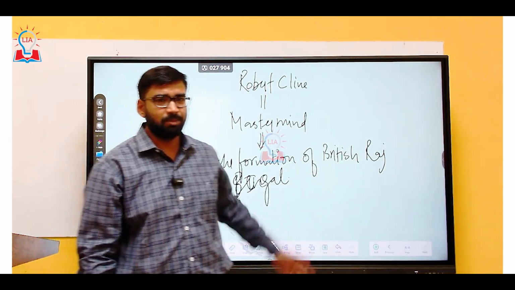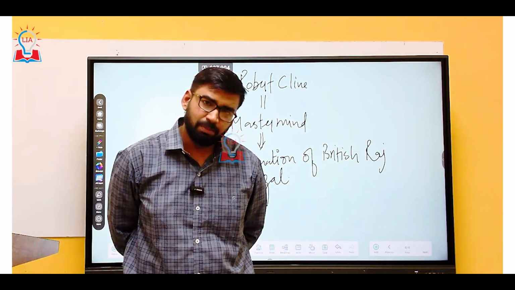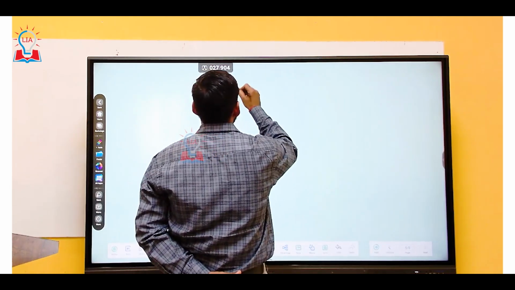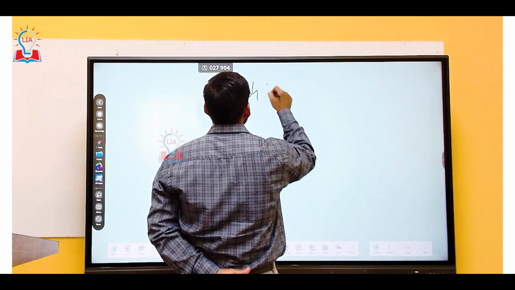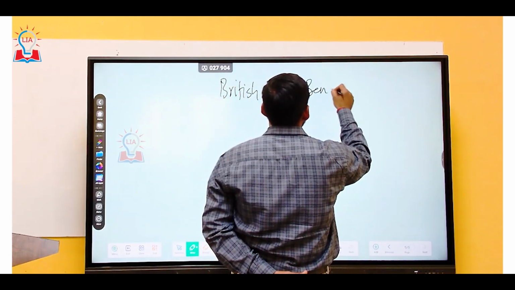He was the mastermind. He laid the foundation of British Raj in Bengal. So Robert Clive, okay, British Raj, where? In Bengal.